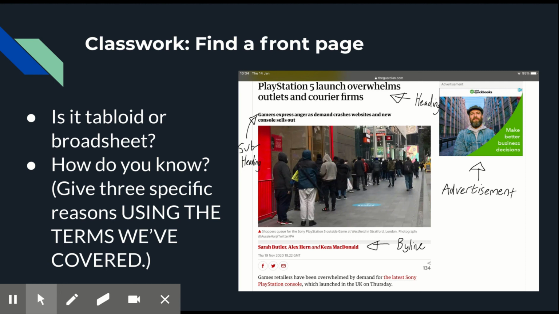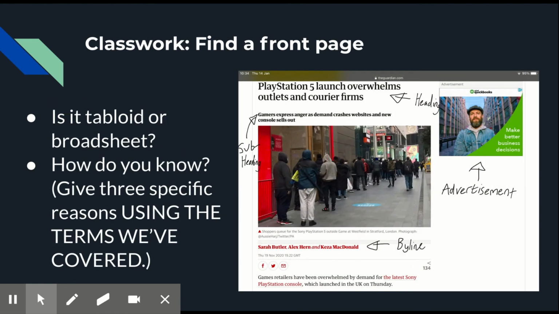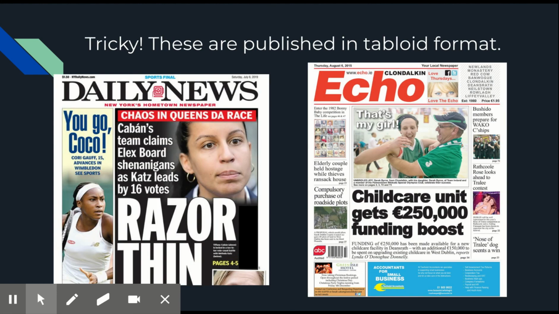Or this is the kind of story that is covered in the heading, right? And you might go back to just this page and see, okay, the headlines are going to be informative, right? So is this headline informative or is it a little more sensational? And that's what you do to write your response. Right, that's all you have to do.